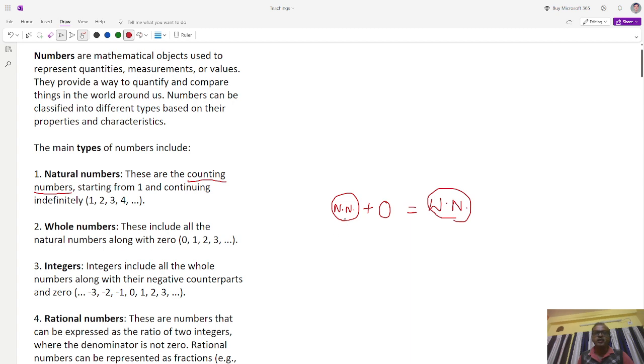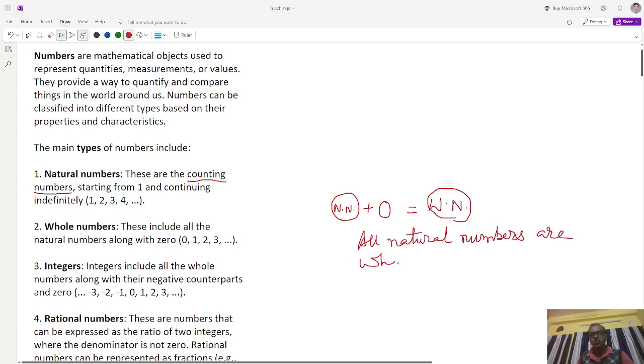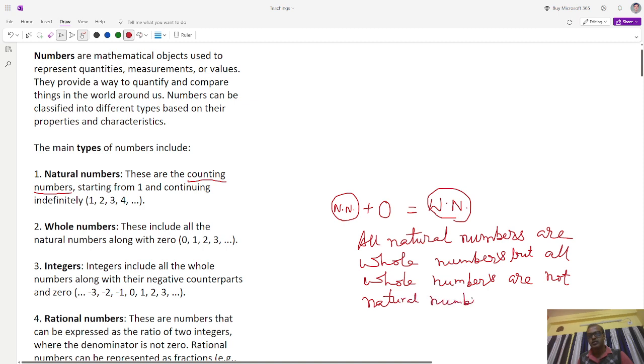So, all natural numbers are whole numbers, but all whole numbers are not natural numbers.